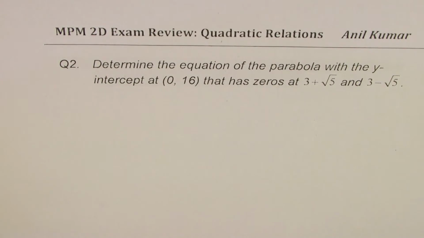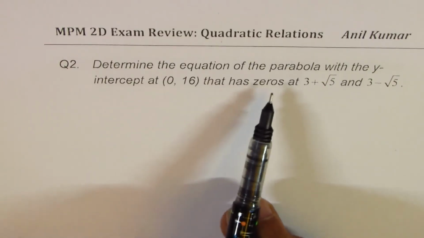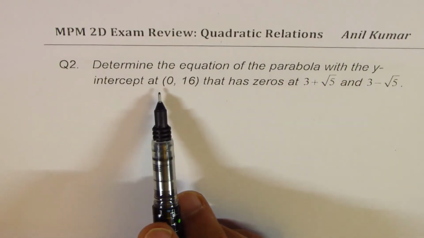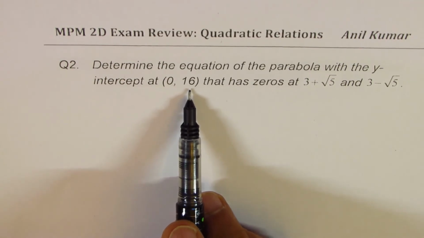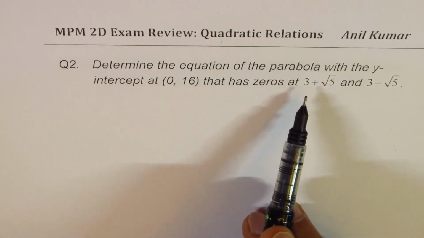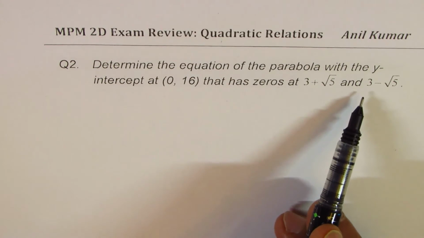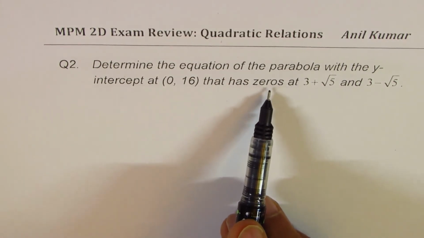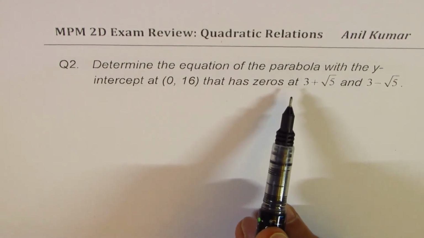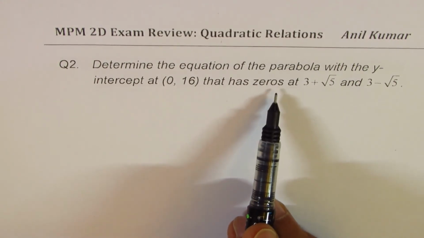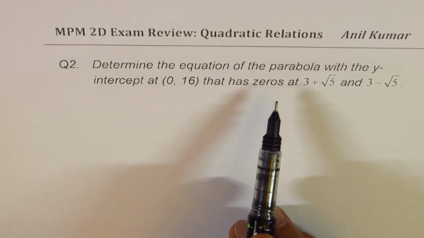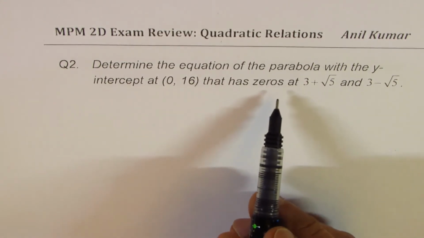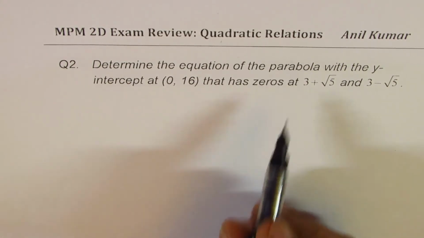Question 2 is: determine the equation of the parabola with y-intercept of (0, 16) that has zeros at 3 plus square root 5 and 3 minus square root 5. Now whenever you are given zeros, we can say the real x-intercepts, at those points we could use factored form.